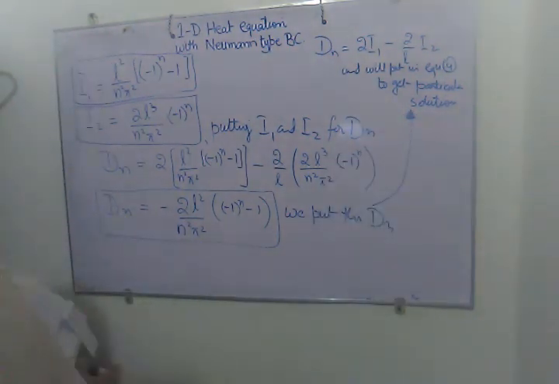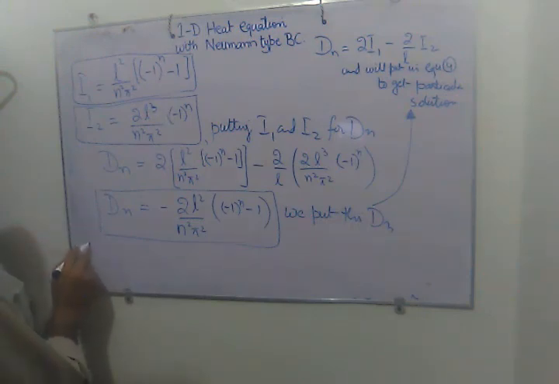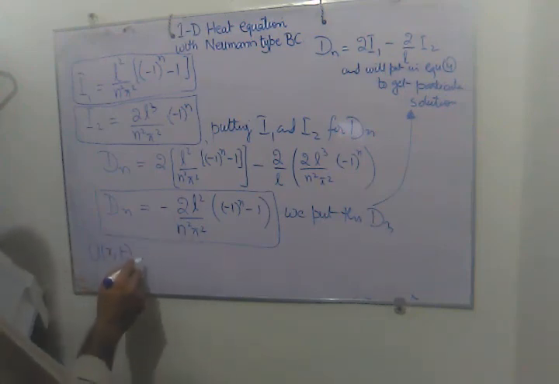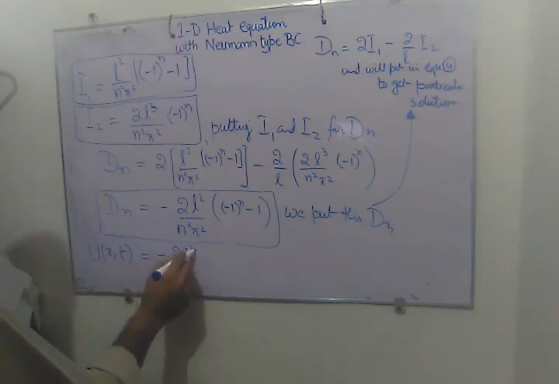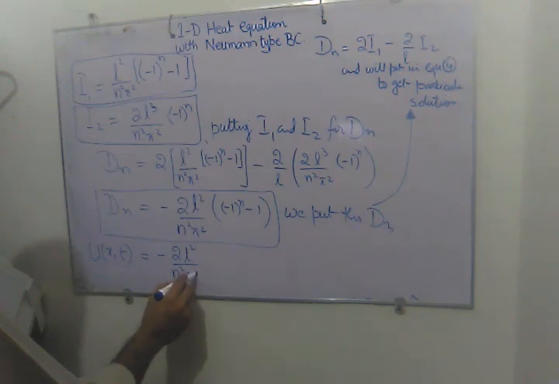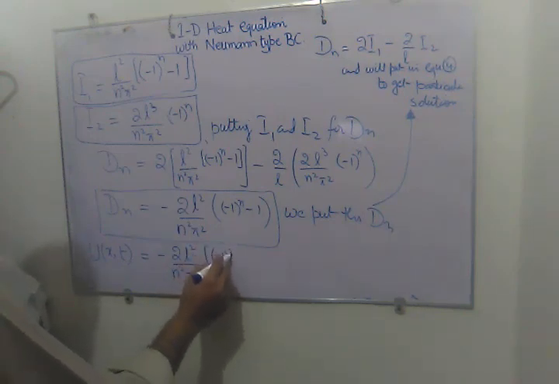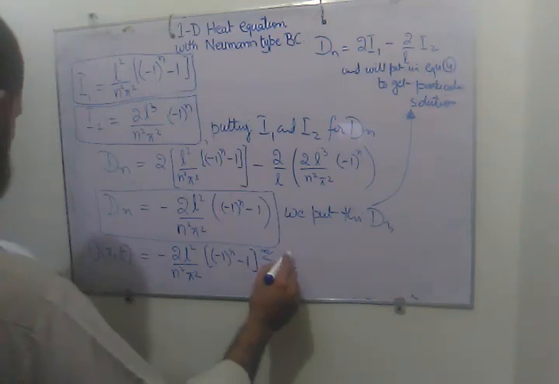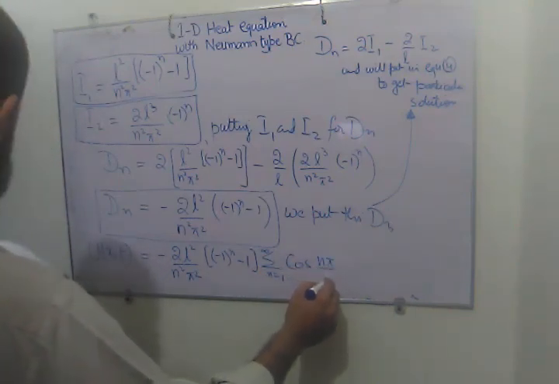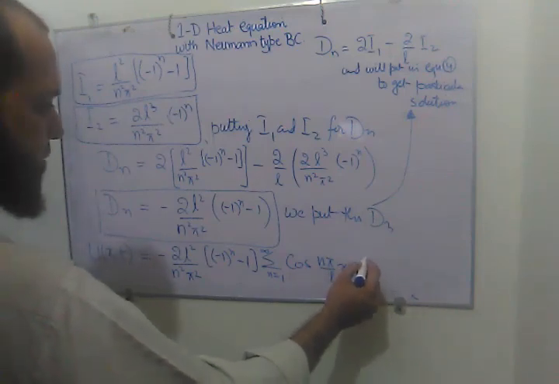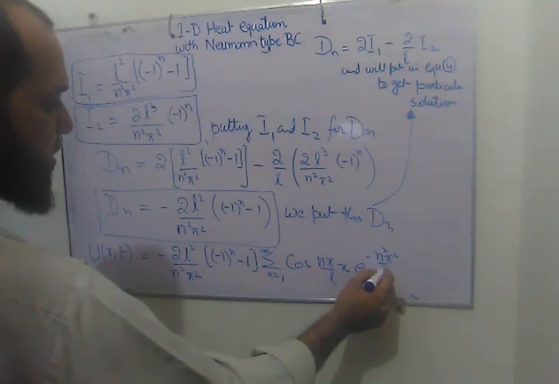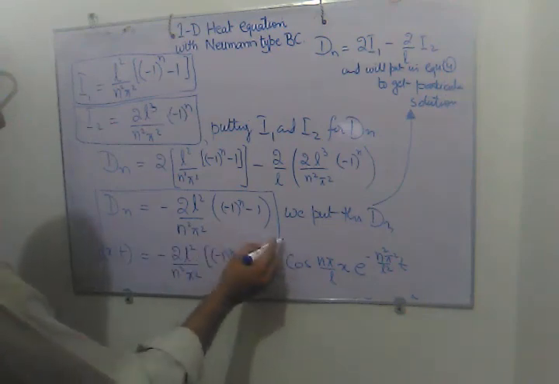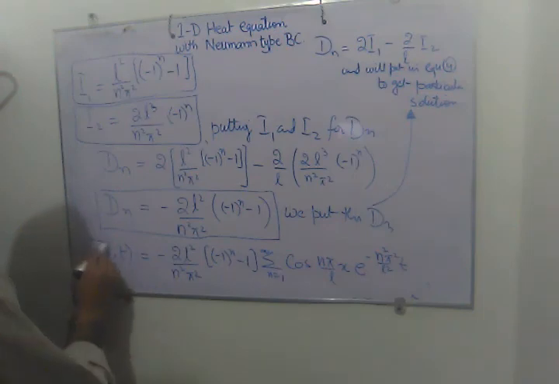To get the particular solution, the particular solution would become u(x,t), or equation 4 would become, by putting the value of dn, equal to minus 2 L square upon n square pi square into minus 1 to the n minus 1, summation n is equal to 1 to infinity, cos n pi upon L x exponential minus n square pi square upon L square into t. So this is our final particular solution.